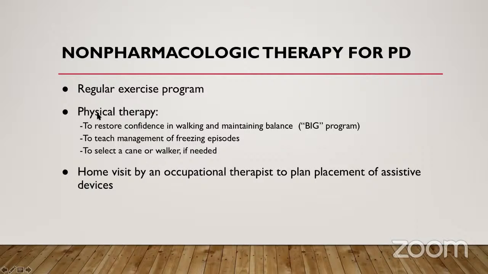Physical therapy increases the patients' confidence in walking and maintaining their balance, teaches them how to manage freezing episodes, and how to use a cane or walker if needed. We can also arrange a home visit by the occupational therapist to plan placement of assistive devices.